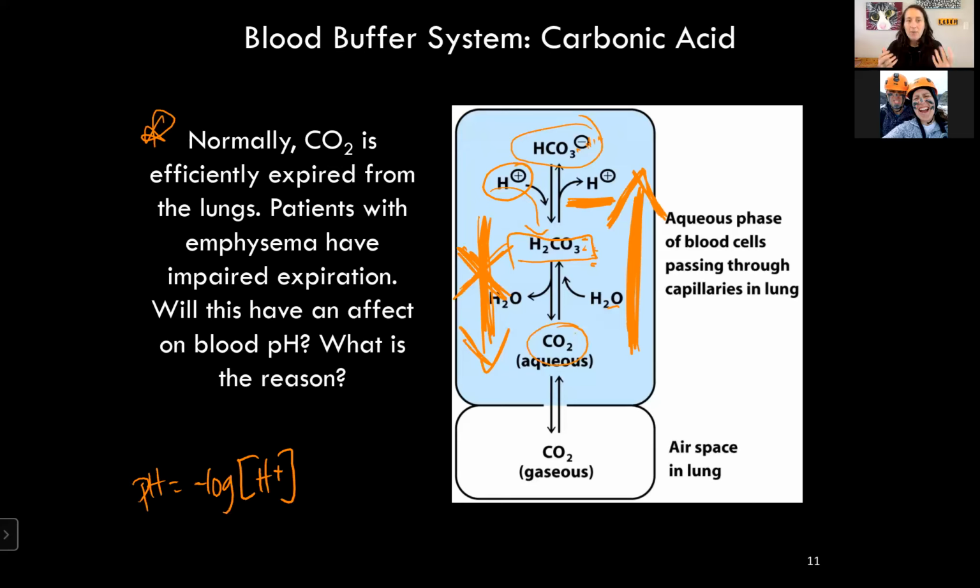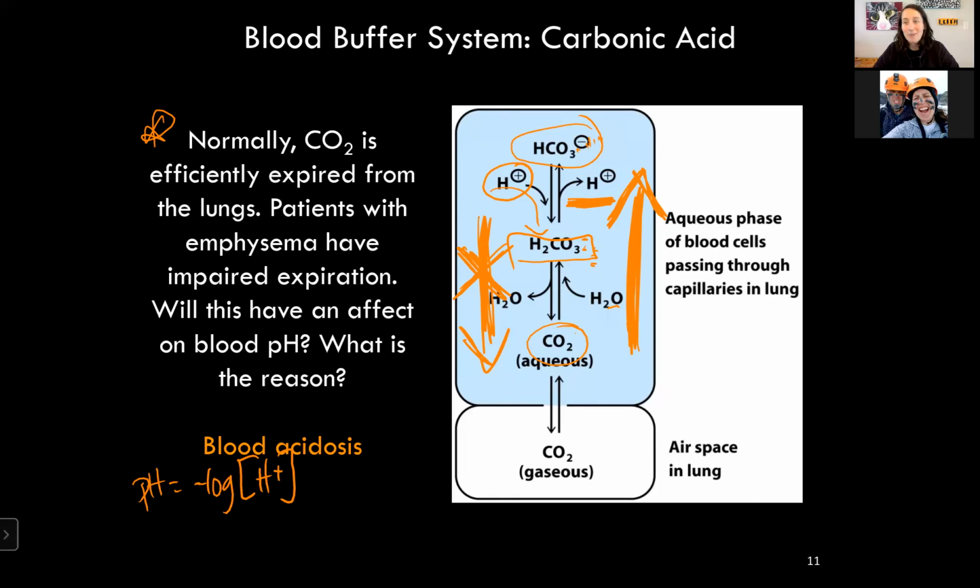So somebody with impaired expiration should have what's called blood acidosis. That's where the pH of their blood is going to be less than the average person. 7.4 is the average. Someone with blood acidosis might have a blood pH of 7.2, 7.1, 7, and that can wreak its own havoc, as we will soon learn with hemoglobin and efficient oxygen delivery.